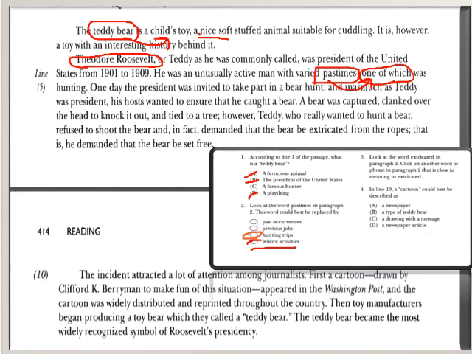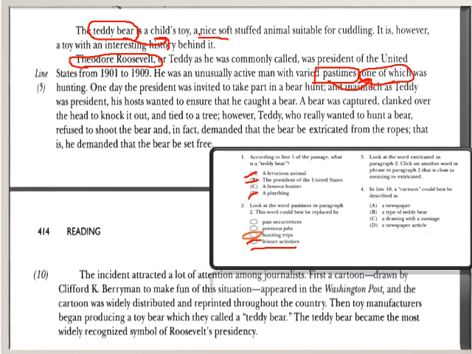And to know that the example cannot be the meaning, replace the word with the choice. For example, he was an unusually active man with varied hunting trips, one of which was hunting. So it is illogical. Hunting is the example, so it cannot be the meaning. So that's why we exclude hunting trips.